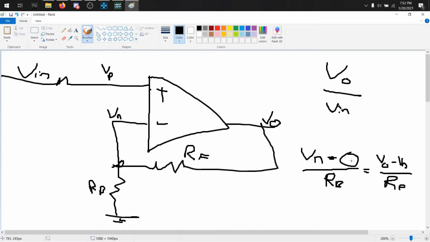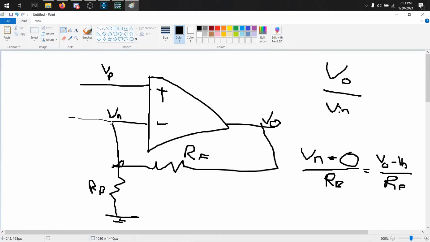Oh, I'm looking at non-inverting. The math's a little bit simpler on non-inverting. So let's just do an inverting op amp.